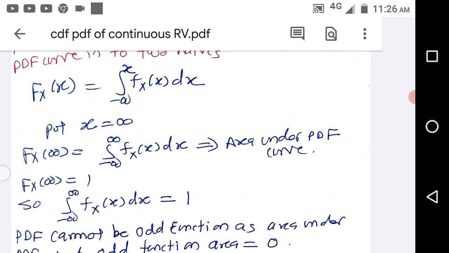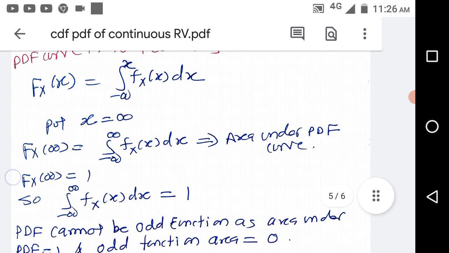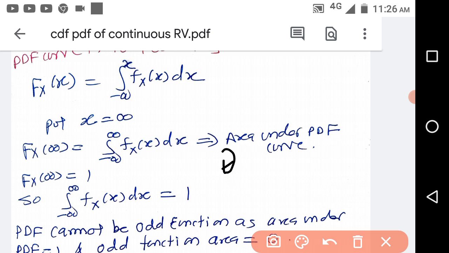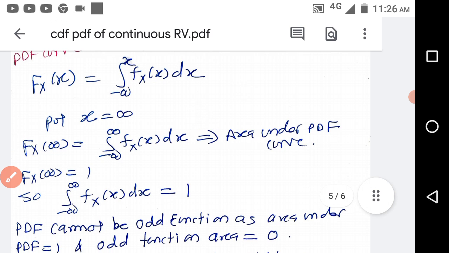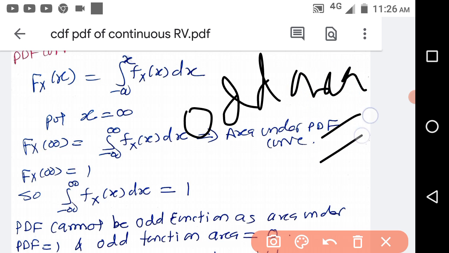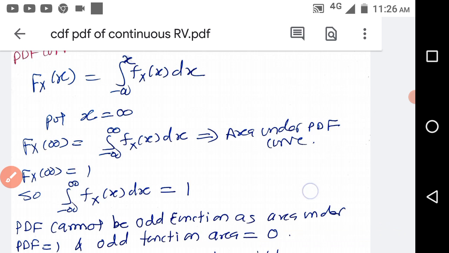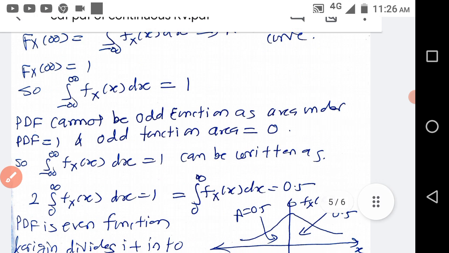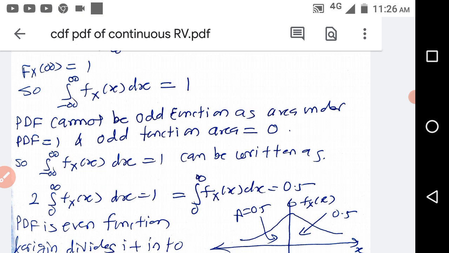Now as the area under the PDF curve is equal to 1, and you know that an odd function has area equal to 0, we can say that the PDF cannot be an odd function. It should be an even function because its area is not equal to 0.